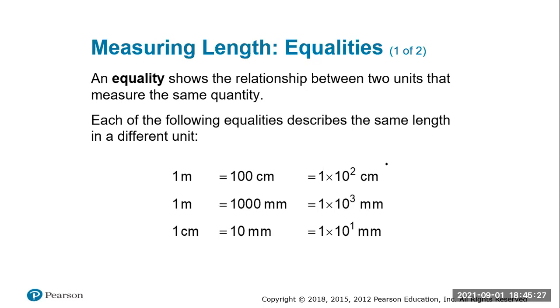Now, if you're going from one prefix unit to another, for example, if you want to go from centimeters to kilometers, sometimes people try to figure out how many decimal places should I move, or I think there's even a song for how you do it as you go from one to the next.